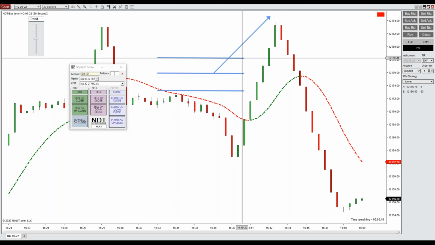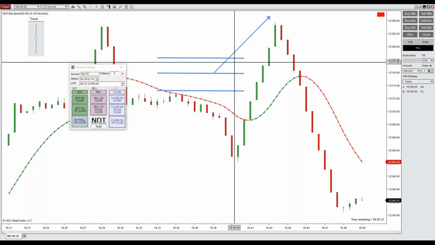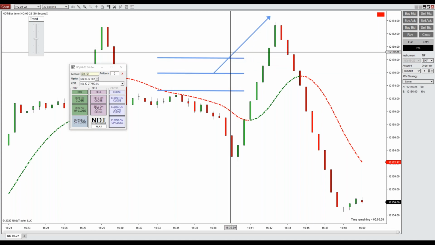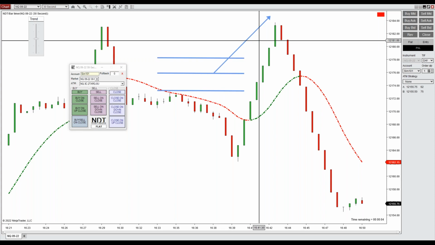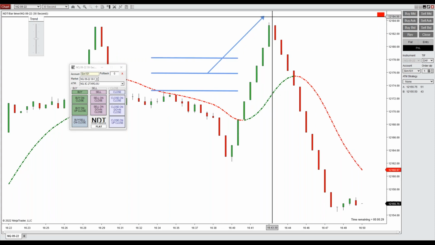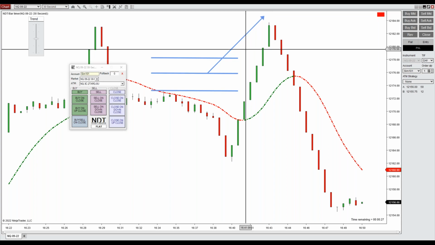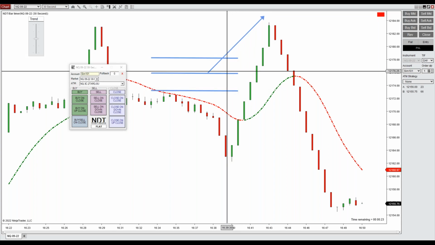And an OCO is 1 order cancels the other order. Now, I use OCO orders all the time with options. I just put in a trade on a small biotech. My target is 175% on my second lot, and my stop is at break even. And that's an OCO order.